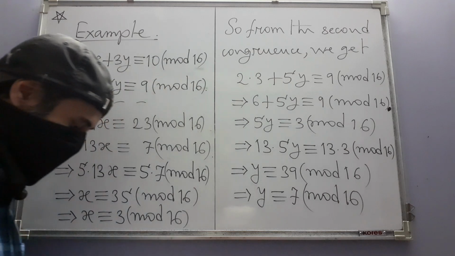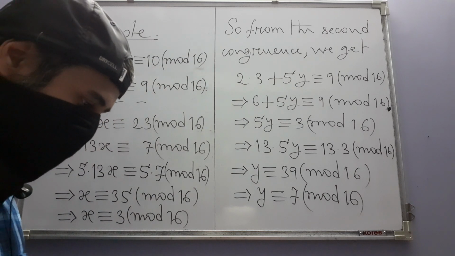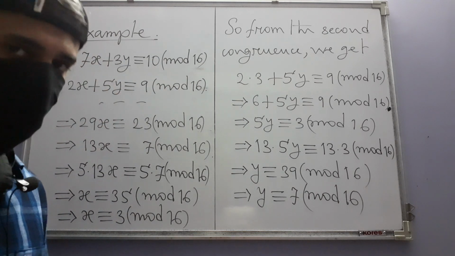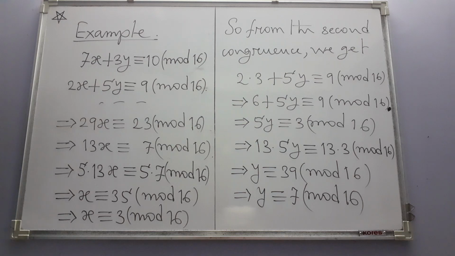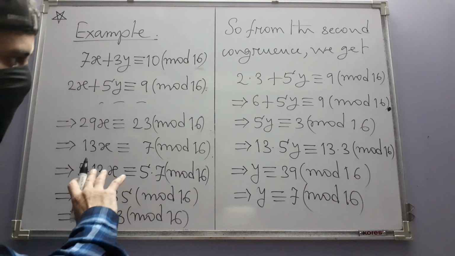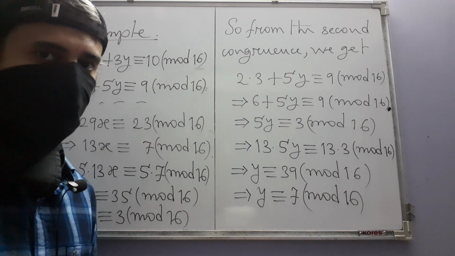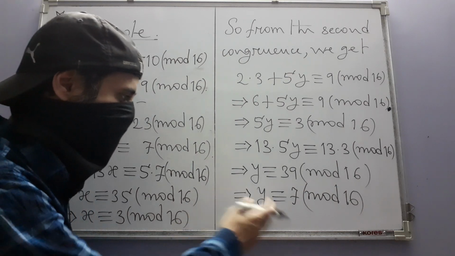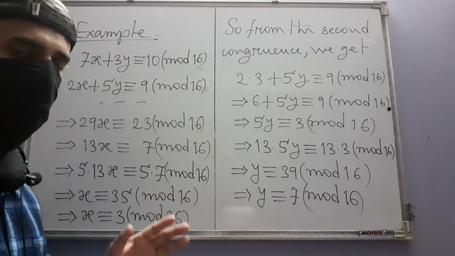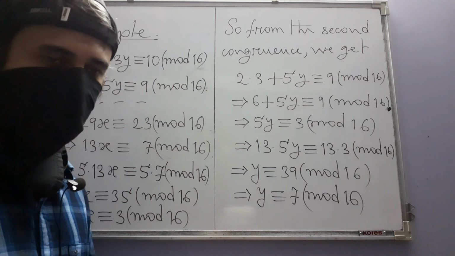Now let me see if I have got the same. Yes, y is congruent to 7. You can either use elimination or you can do substitution also. Of course, you are ultimately going to get the same thing, but it's up to you which one you find convenient.